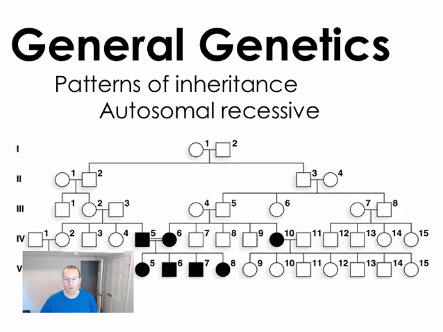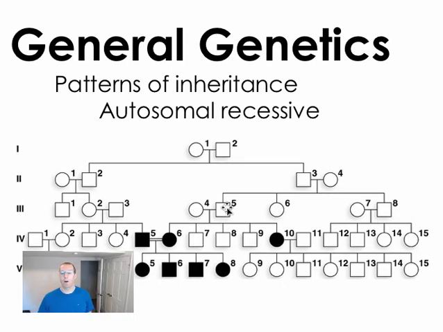So that's possible. And you'll see that, for example, these 2 parents here are unaffected, but they've got 2 children, number 6 in generation 4 and number 10 in generation 4, who do have the disease. That would be indicative that these 2 parents are heterozygous.